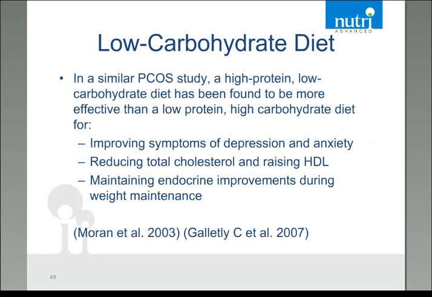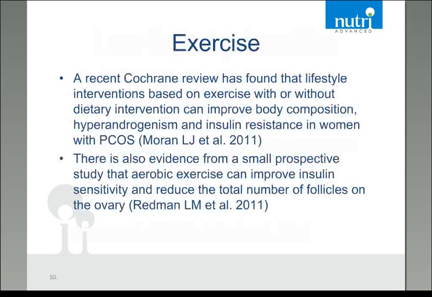In a similar PCOS study, a high-protein, low-carbohydrate diet has been found to be more effective than a low-protein, high-carb diet for improving symptoms of depression and anxiety, reducing total cholesterol and raising HDL, your good cholesterol, and maintaining endocrine improvements during weight management. A recent Cochrane review has found that lifestyle interventions based on exercise with or without dietary interventions can improve body composition, hyperandrogenism, and insulin resistance in women with PCOS.